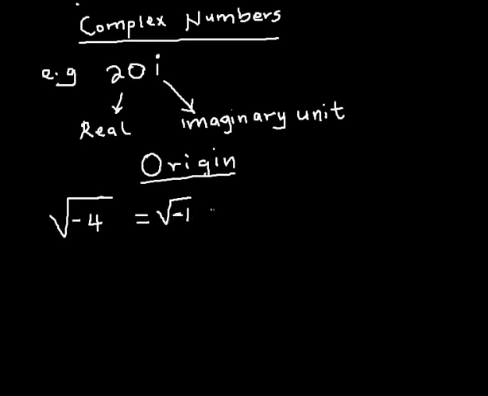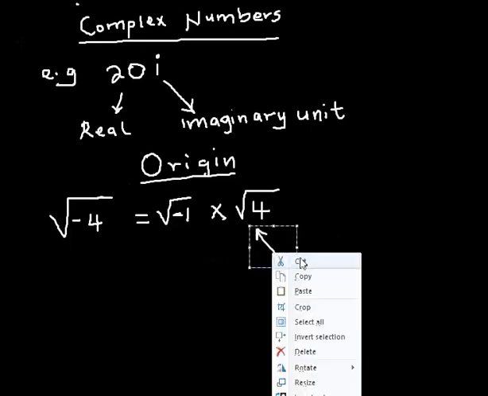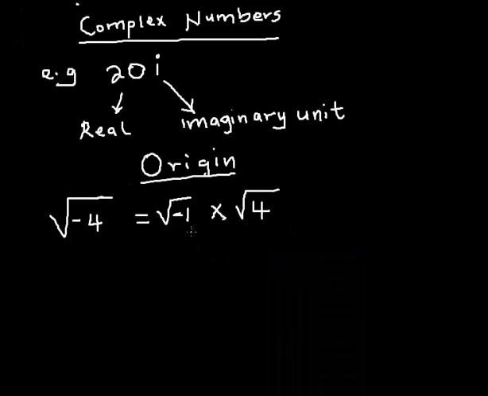Then number two: x plus y plus bracket open x minus y multiplied by i is equal to 4 plus 3i.